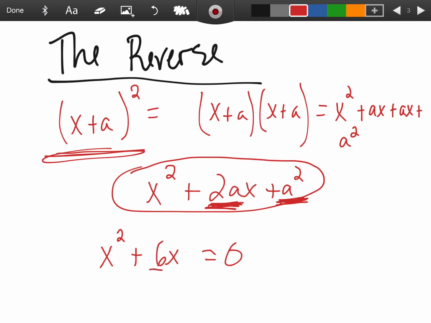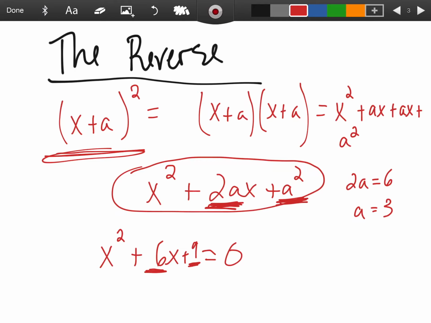In this case, 2a has to be equal to 6. So if 2a is equal to 6, then that tells me a needs to be equal to 3, and therefore a squared would be equal to 9. So I would have to add 9 in order to complete the square.